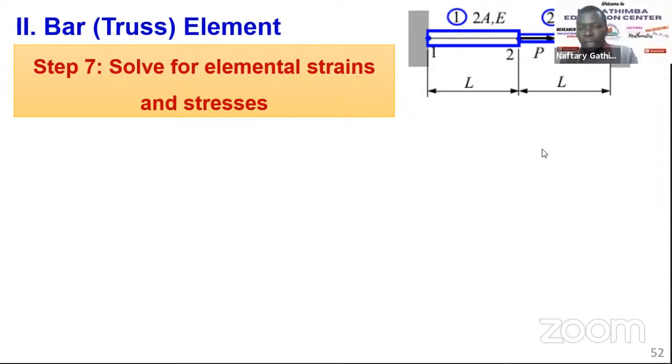Now, we want to get the stress in this member and in this member. To do that, remember the note number 2, the strain displacement relation. You may wonder why I was giving it at that stage.